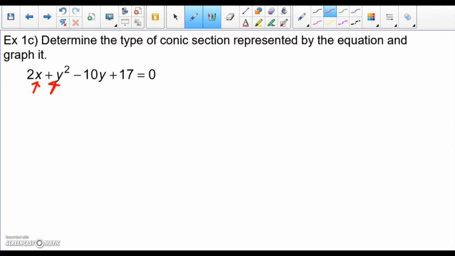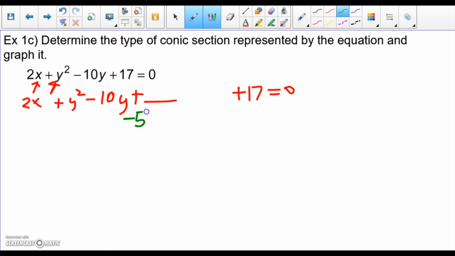So let's rearrange things a bit, or actually let's do completing the square. You're going to have this 2x, and then we're going to have to complete the square on the y terms. So y squared minus 10y plus blank. And then just move that 17 way over. Okay, so completing the square, half of the negative 10 is negative 5. Square that's 25.